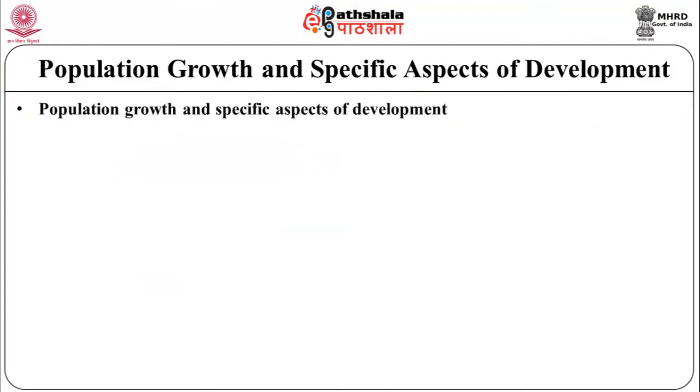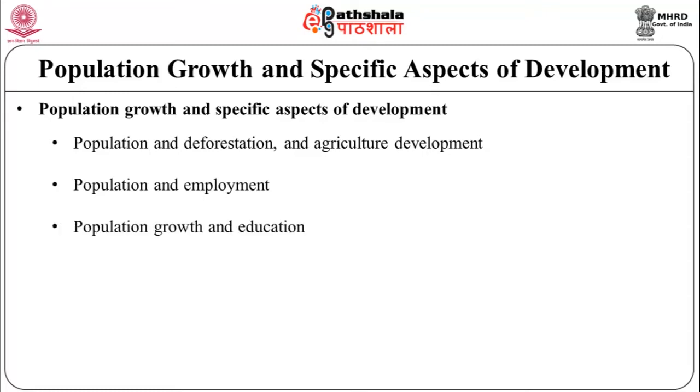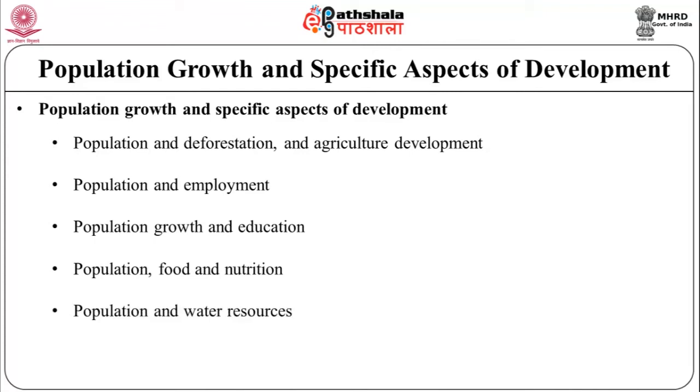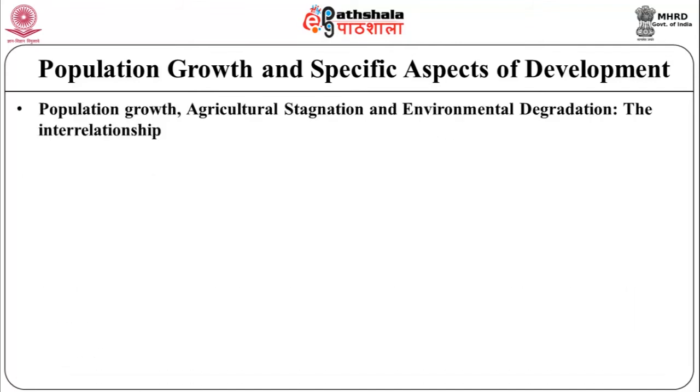Now let us look at population growth and specific aspects of development: population and deforestation and agriculture development, population and employment, population growth and education, population, food and nutrition, population and water resources, population and urbanization. Population growth, agricultural stagnation, and environmental degradation.